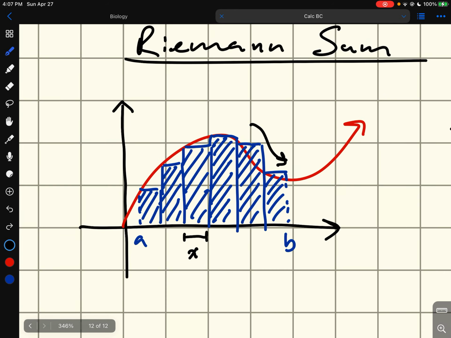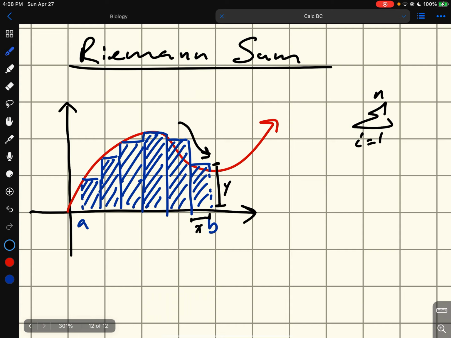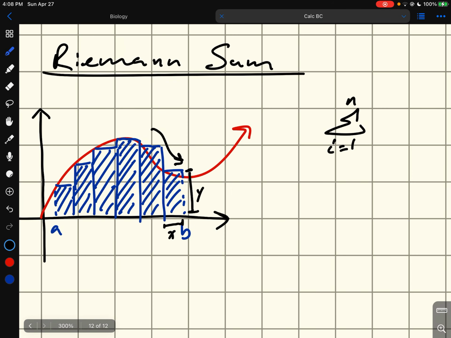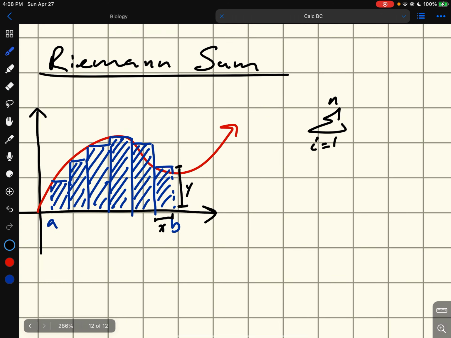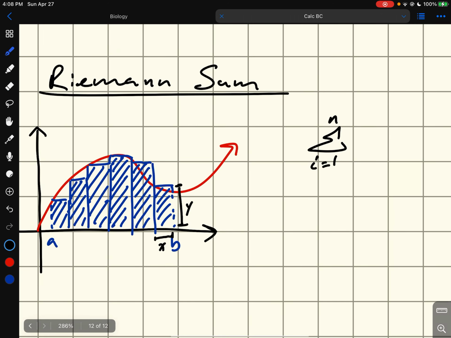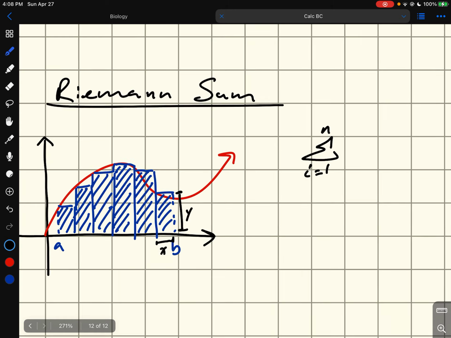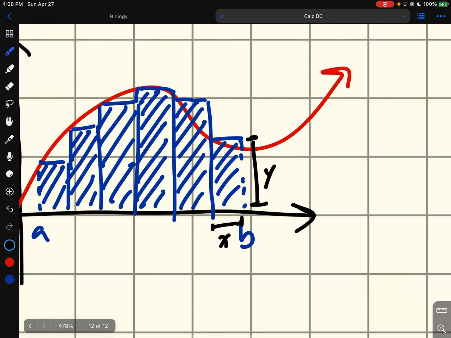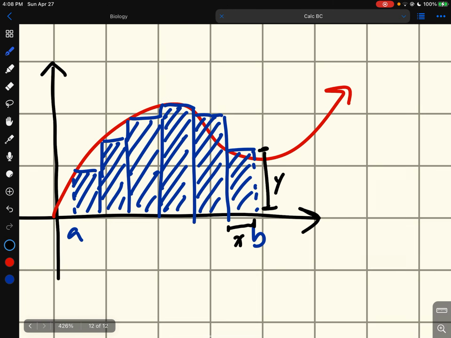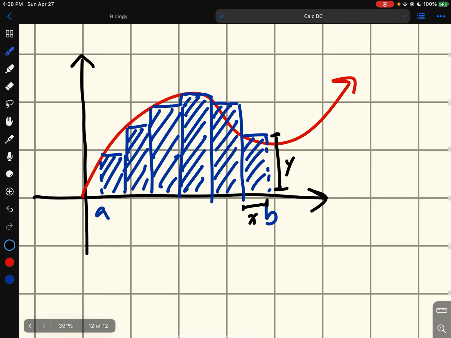Okay, so how do we find the x value? Well, that's going to be the change in the x's.